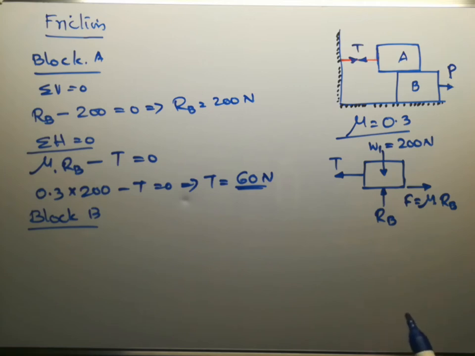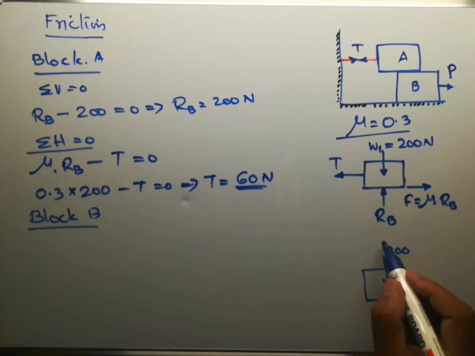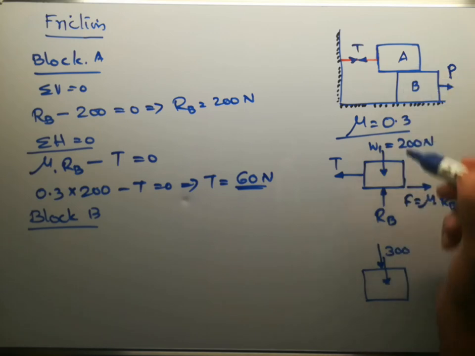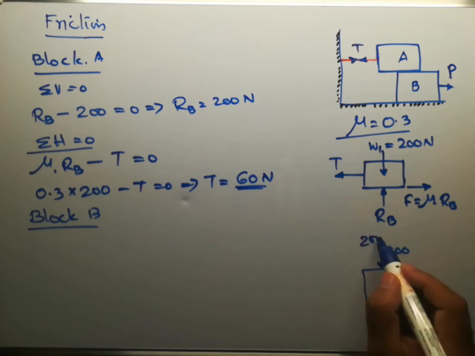So the free body diagram of block B will be like this. Its weight is given as 300 Newton. It is in the vertically downward direction. And the reaction from A, or its weight also will be acting on block B. So it is 200.